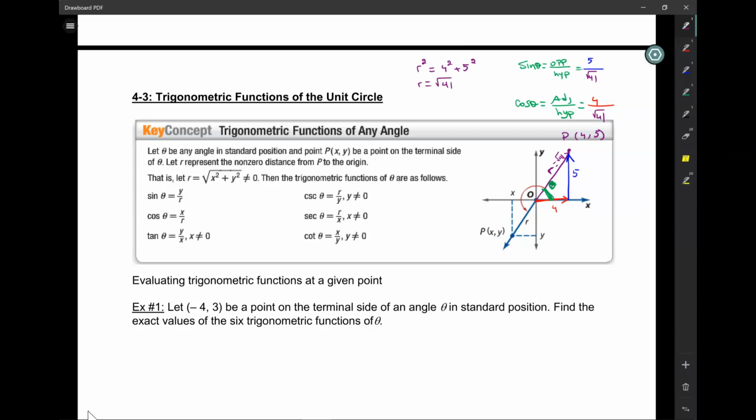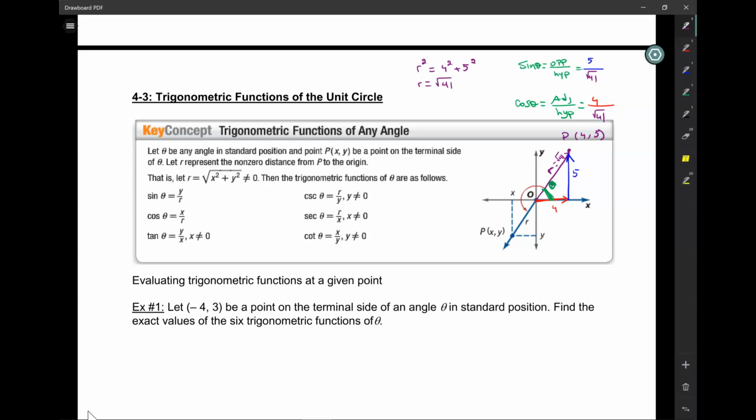Do you notice that the sine of theta, yes, it's the opposite side, but it's also this vertical distance, right? That vertical distance, 5, is 5 units along the y-axis, isn't it? And the horizontal distance, the adjacent, that's the horizontal distance along the x-axis, that's a unit of 4, right?